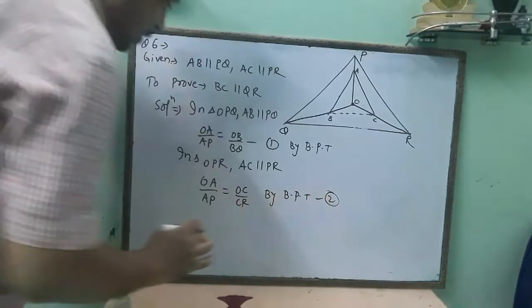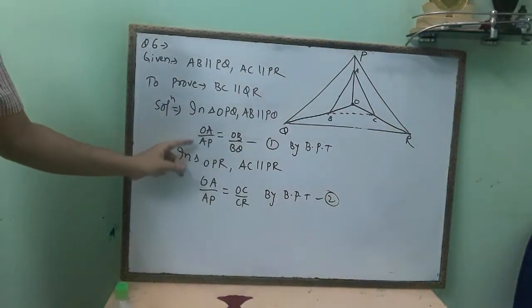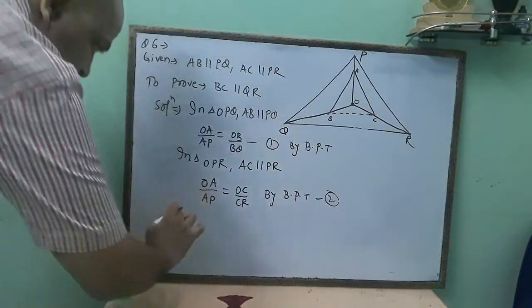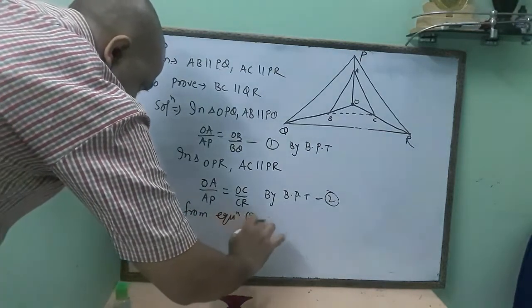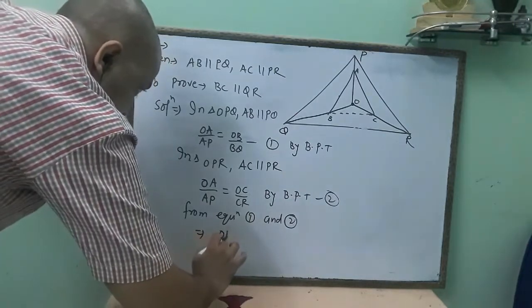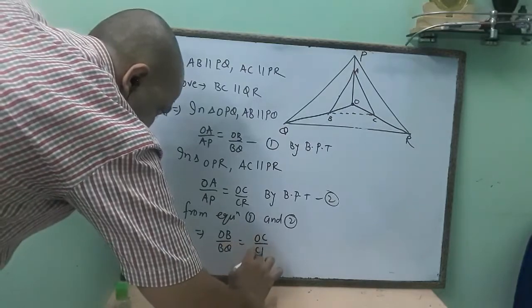This will be equation 2. See this one, from equations 1 and 2, OA by AP is common, so we will say that from equations 1 and 2, OB divided by BQ is equal to OC divided by CR.